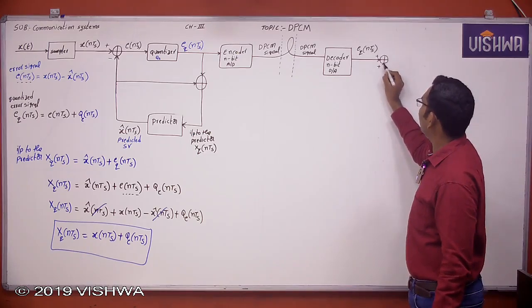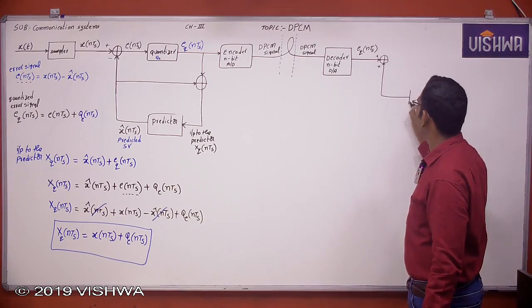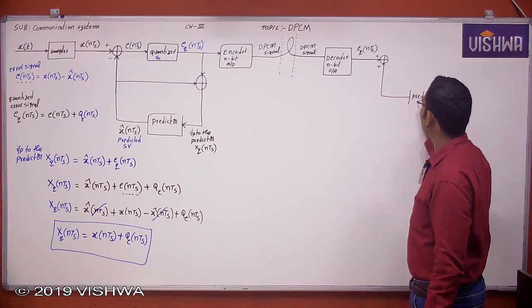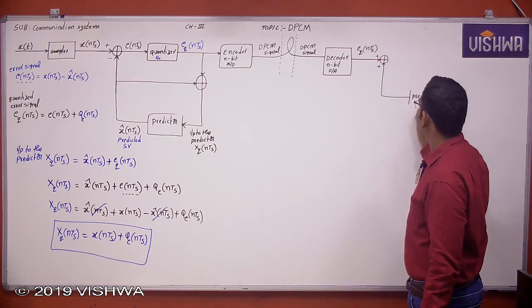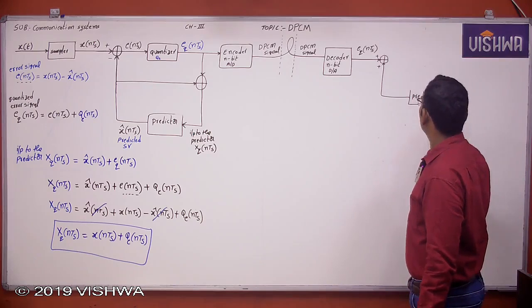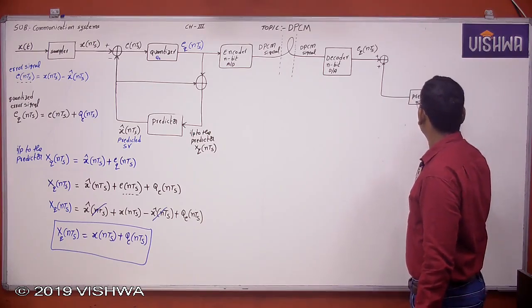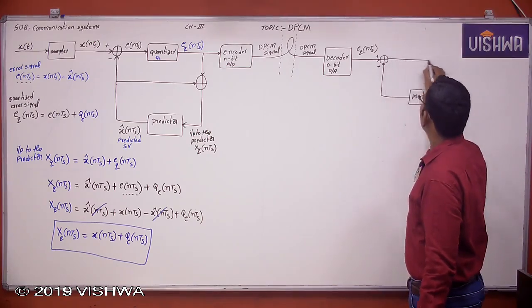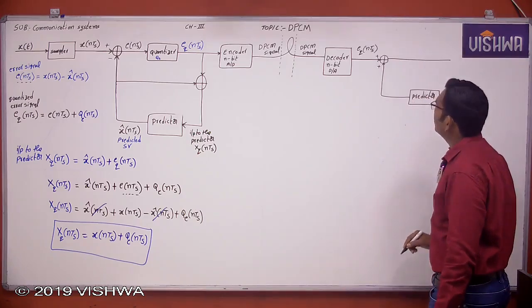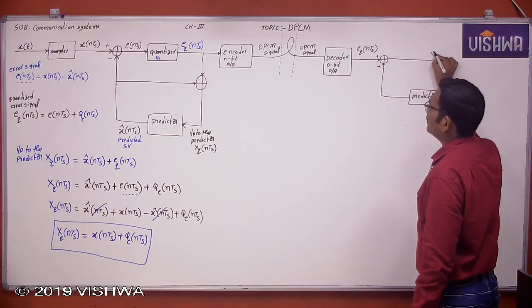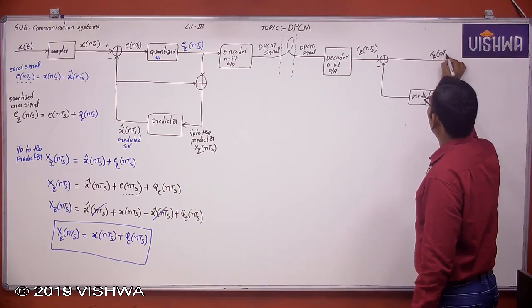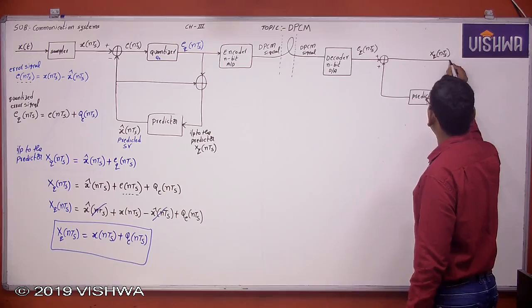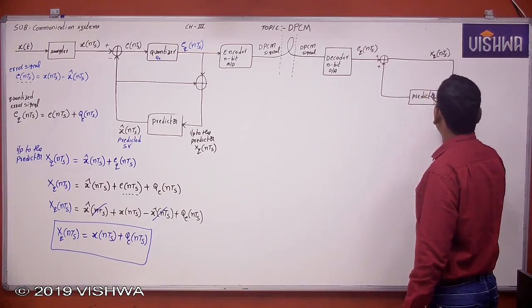Now the same kind of predictor that we are using, we use the same predictor. Now this is the quantized value, which is nothing but the input to the predictor.